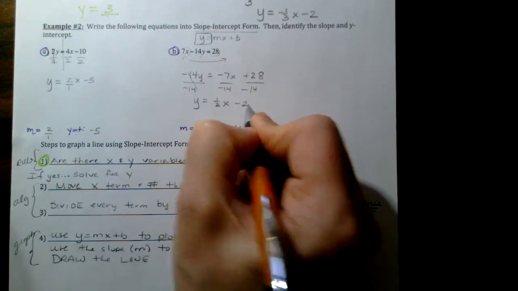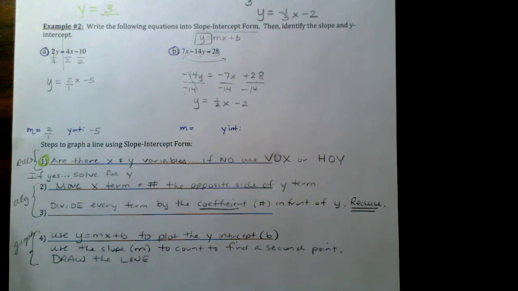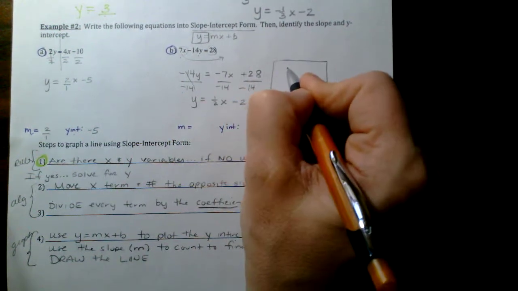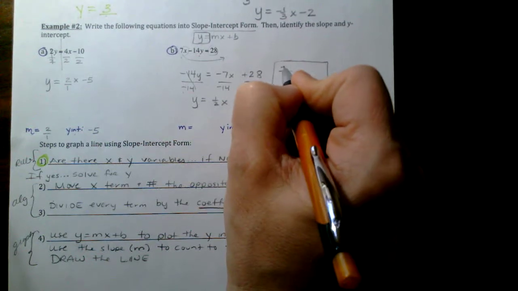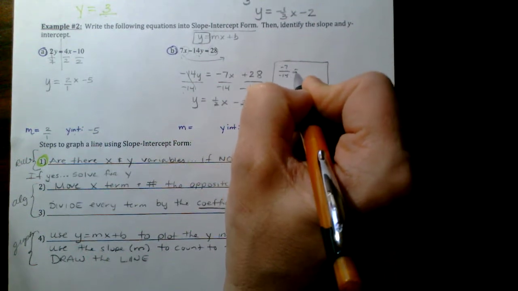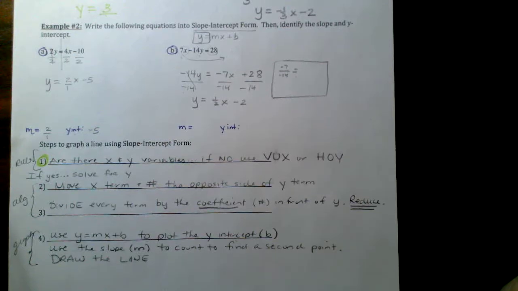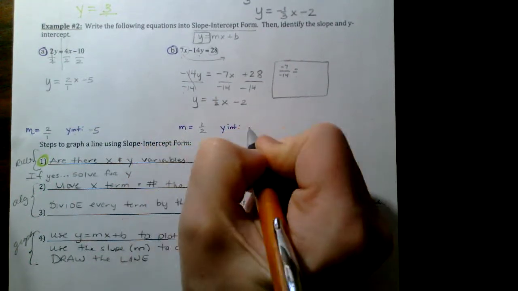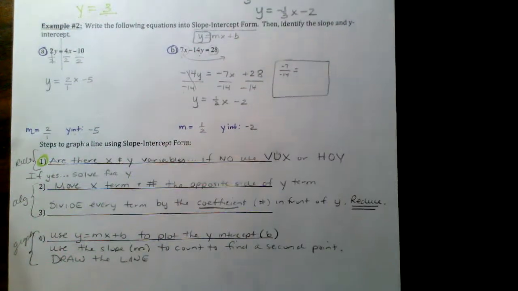This reduces to negative 2. Right? So in your calculator, you would use that little button, put in negative 7, negative 14, hit enter, and it would give you back the 1/2. So over here, slope is 1/2, and my y-intercept is negative 2.